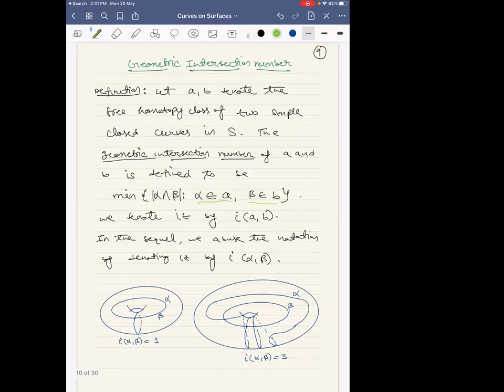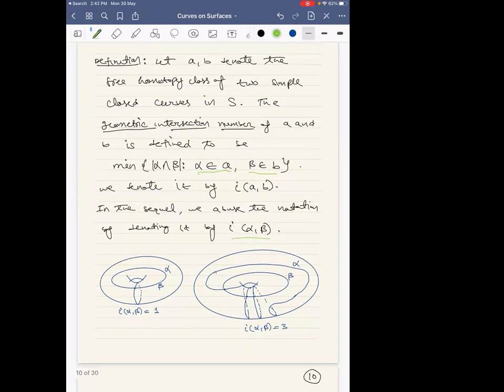And in the sequel, we will abuse the notation by sometimes denoting it by I(alpha, beta). So to be clear, when I say I(alpha, beta), I mean the intersection number of the free homotopy class of alpha with the free homotopy class of beta. Okay. So with this understanding, we will use the notation I(alpha, beta) instead of I(A,B).